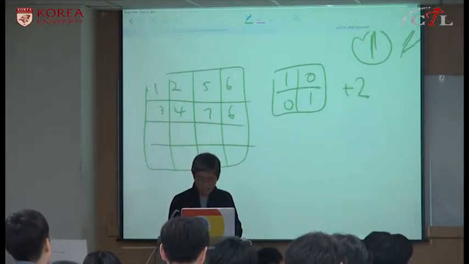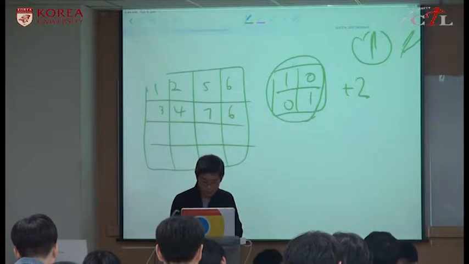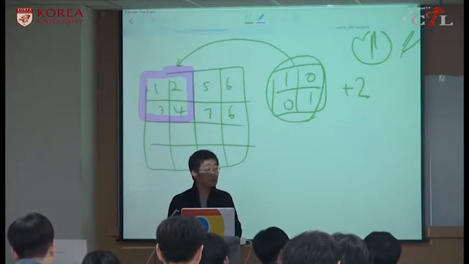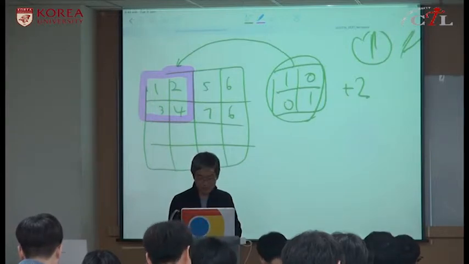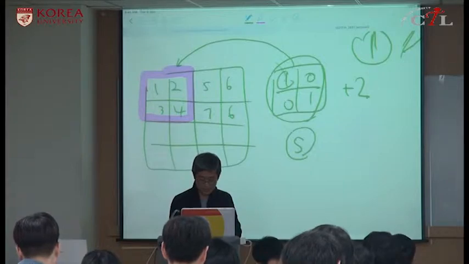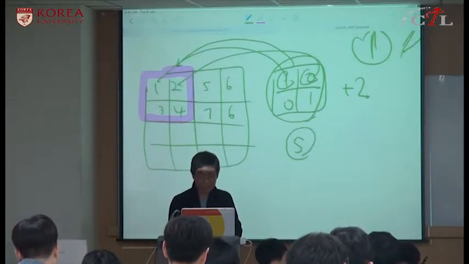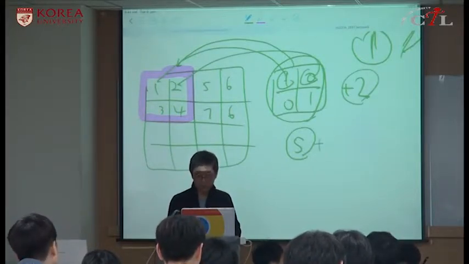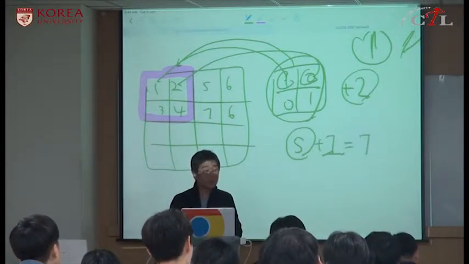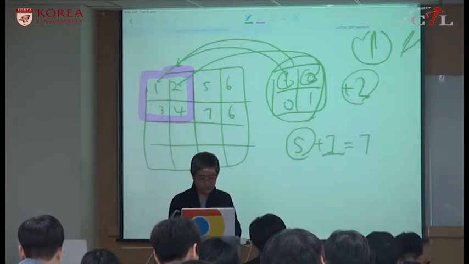Okay, and then we typically do the inner product on this position, which will be computed as 5, right? So this is the inner product value, right? And then we will add this bias term. So 7 will be our activation value corresponding to this position.